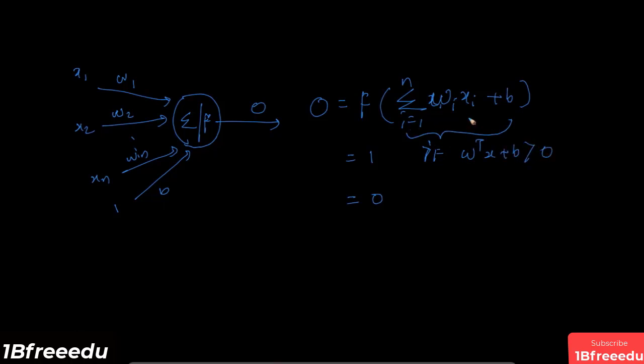When this term is positive, the output will be 1. The output will be 0 in other cases. So the perceptron is the simplest neuron model with output either 1 or 0.